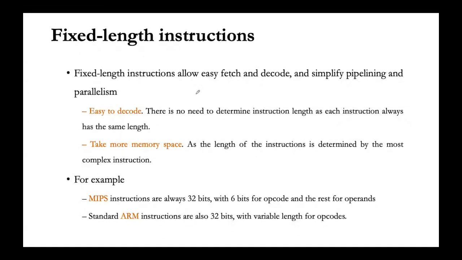In fixed length instructions, the fixed length allows easy fetch and easy decode, because the size of your instruction is constant, say 8 bits. Suppose all the instructions fit in this one size. So during the decoding of your instructions, there is no need to determine the size of the next instruction. That's why fixed length instructions allow easy fetch and decode and simplify pipelining and parallelism.